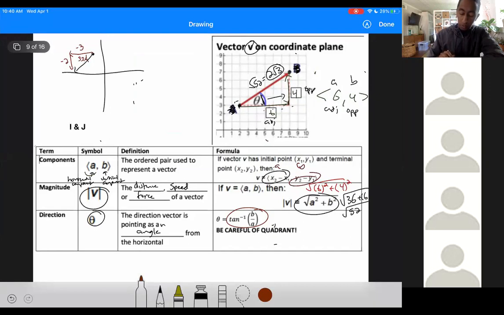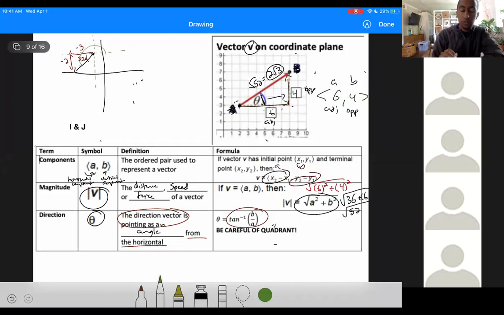And it says that the direction of the vector is from the horizontal. Meaning, if we were to move the coordinate plane, the angle that you would want to say is this angle. So you would have to do 180 plus the 33.